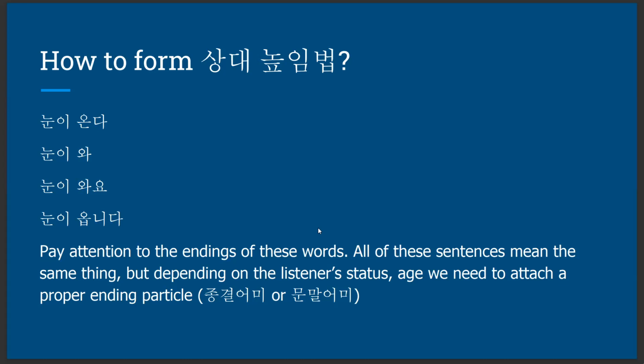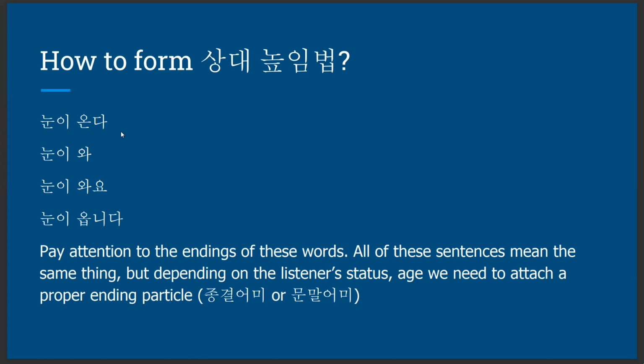But in Korean, you need special endings attached to your verb, especially the verb at the end of your sentence, that show the style, the honorification, the tense, and other grammatical things.